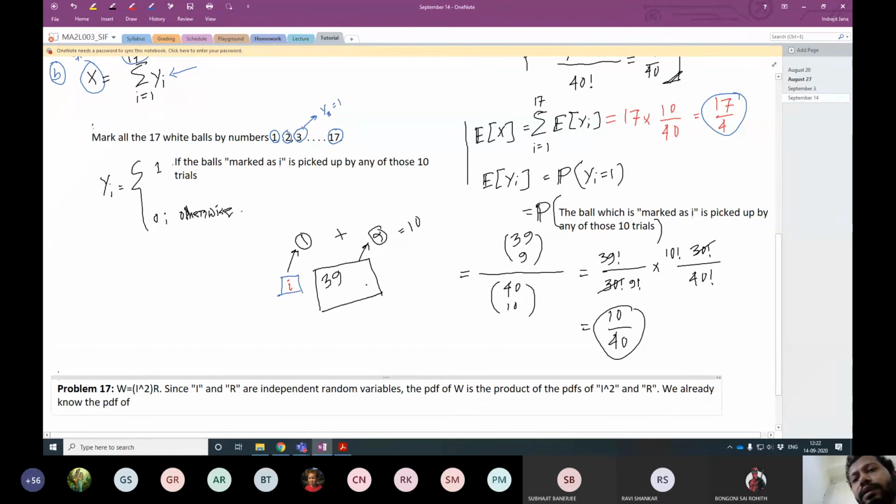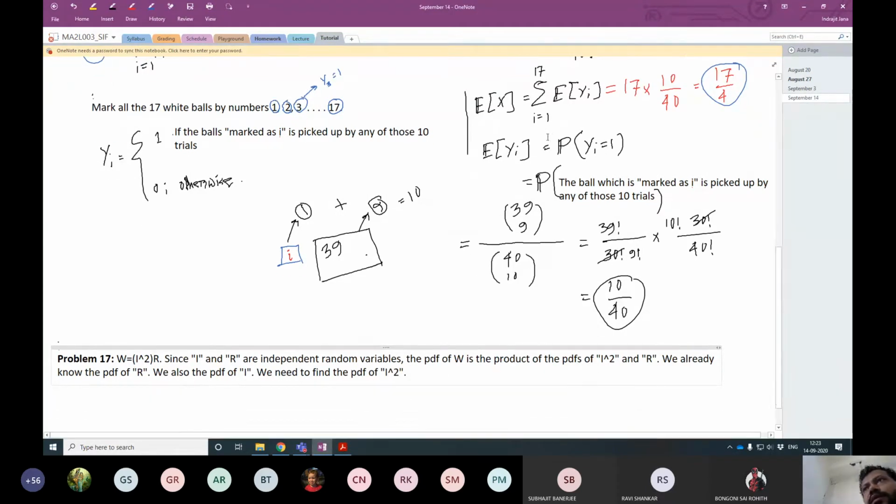We also know the PDF of I. We need to find the PDF of I square, and once we find the PDF of I square, we can take the product and get the PDF of W.